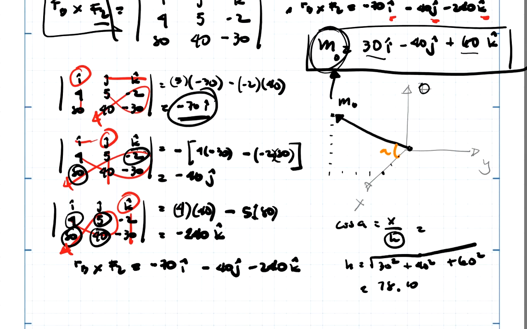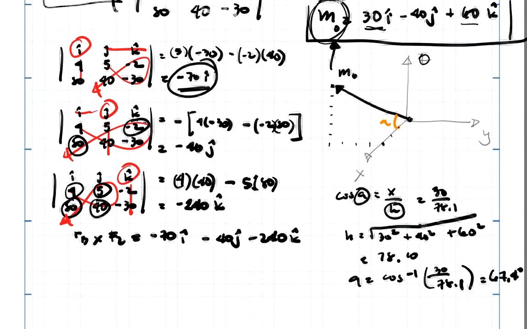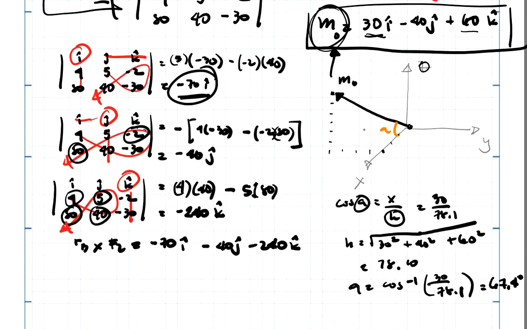So our alpha is equal to cosine inverse of x over h, 30 all over 78.1, and this is equal to 67.4 degrees. So this is the value of our alpha.